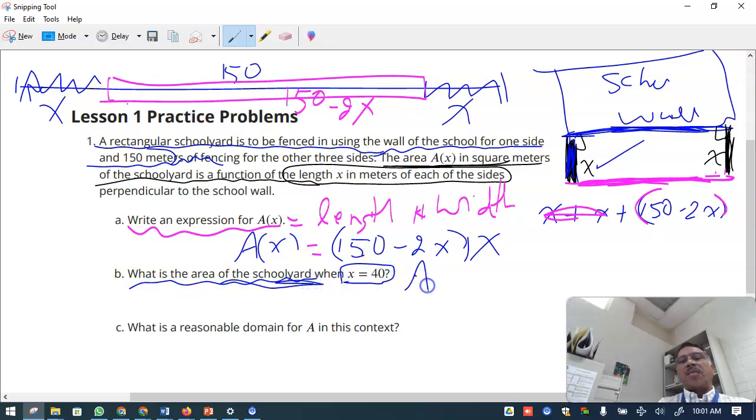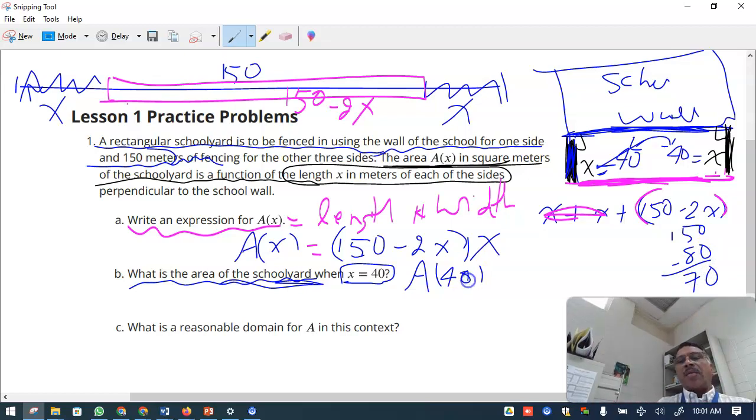That means all you do is input 40. You are placing 40 meters on this side and 40 on the other. Of course, common sense says 40 plus 40 is 80, and 150 take away 80 gives you 70.